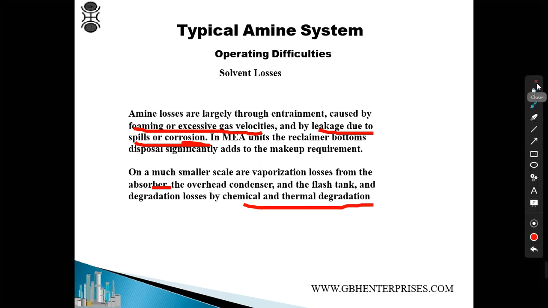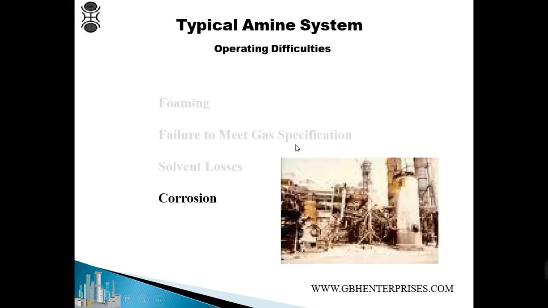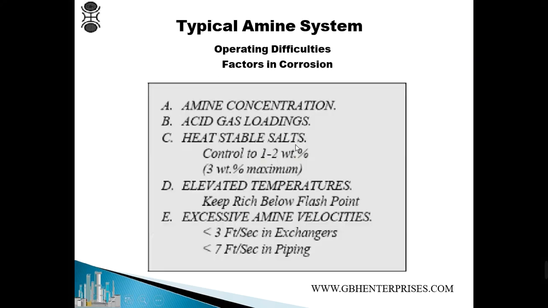So we have to monitor the solvent process. And then in the end we have corrosion, which could be because of the amine concentration, the H2S, the temperatures or salts, elevated temperatures, or velocities. Or sometimes the water, if it has lots of water vapor.